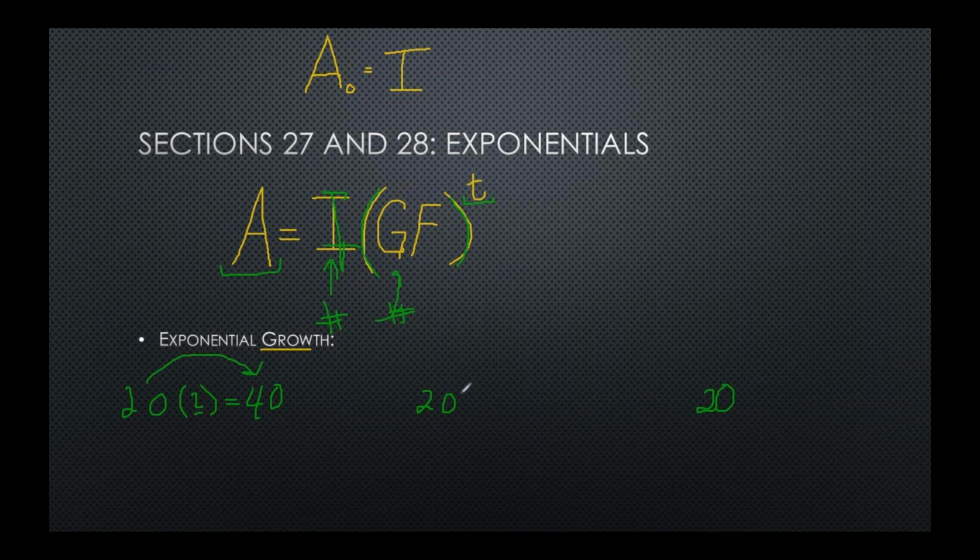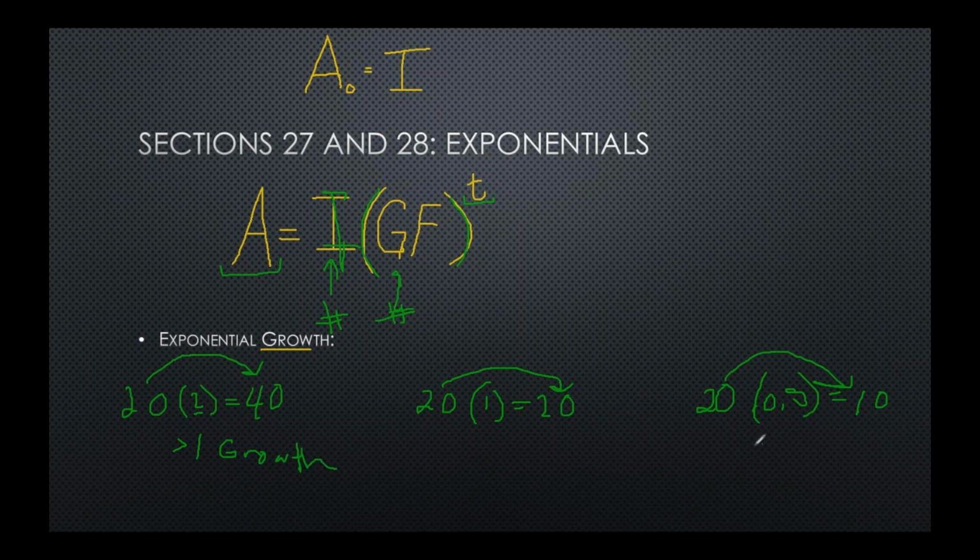So just keep in mind what number is in the parentheses. If I take 20 times 1, I just get 20. Nothing happened from 20 to 20, right? It's constant. There was no growth, there was no decay. And then if I multiply by 0.5 inside the parentheses, I get 10. So there was a decay from 20 to 10. So really, if the number inside the parentheses is greater than 1, we have growth.